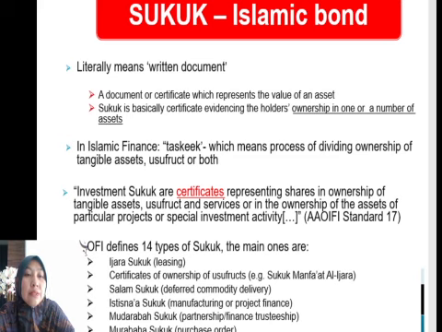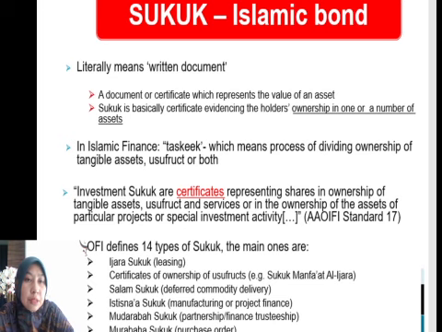It is an investment certificate. When we want to make an investment, we transfer money, and they will give us a sukuk certificate. Because sukuk is an equity based instrument, it represents the value of an asset or ownership toward an asset.